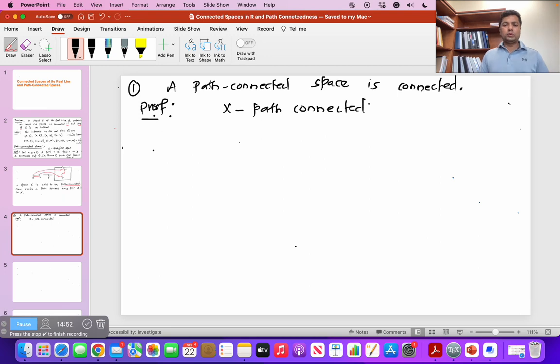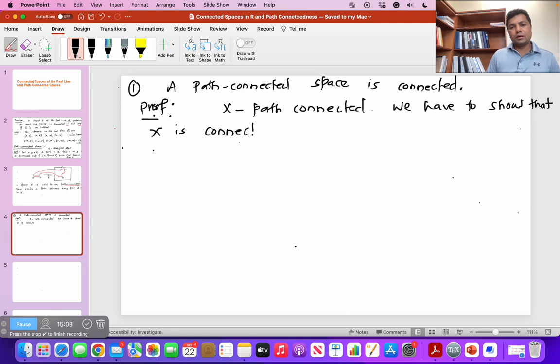Then we have to show that X is connected. So we are going to use the contradiction method to prove this property of path connected space. Contradiction method means we're going to assume the opposite.